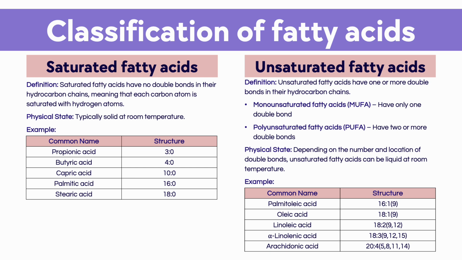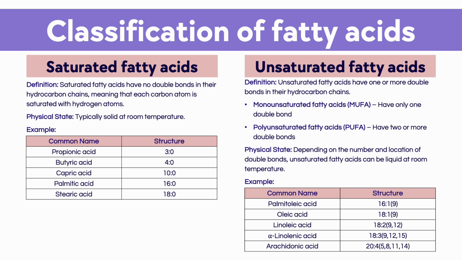Unsaturated fatty acids are characterized by the presence of one or more double bonds in their hydrocarbon chains. Monounsaturated fatty acids have a single double bond, while polyunsaturated fatty acids possess 2 or more double bonds. Depending on the number and location of these double bonds, unsaturated fatty acids can exhibit a liquid state at room temperature. Examples of monounsaturated fatty acids include palmitoleic acid, 16 carbons, 1 double bond at position 9, and oleic acid, 18 carbons, 1 double bond at position 9.